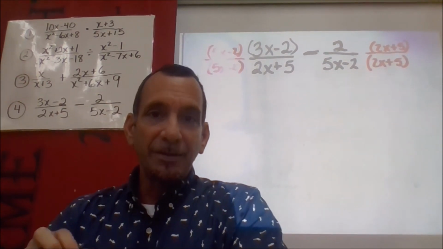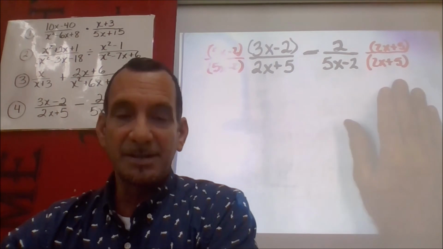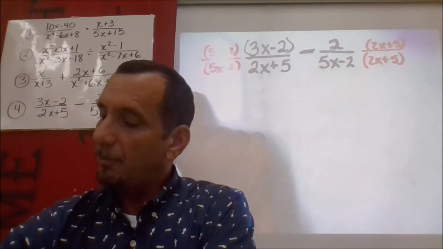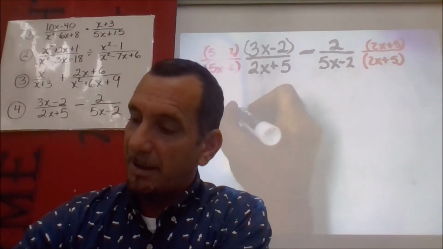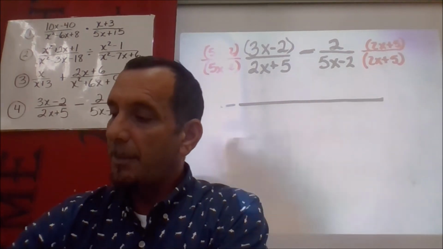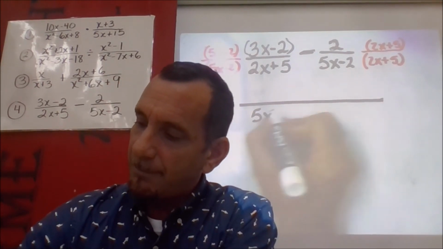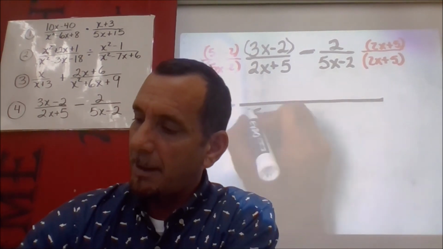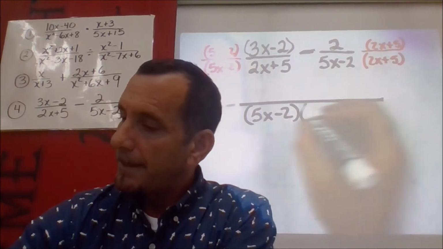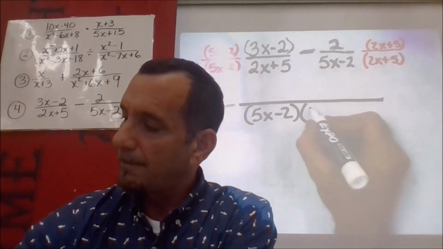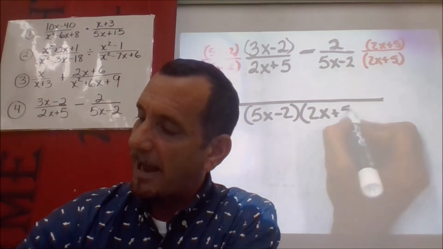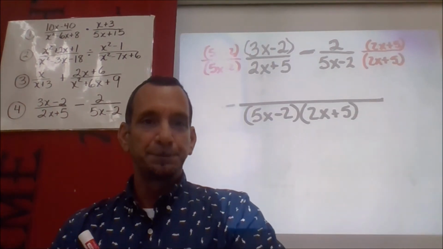Now, rather than worrying too much about the denominator, I'm just going to rewrite the denominator in factored form. I'm going to put a long line, and I know that later on I might have to work with the denominator, but for right now it is 5x minus 2 times 2x plus 5.